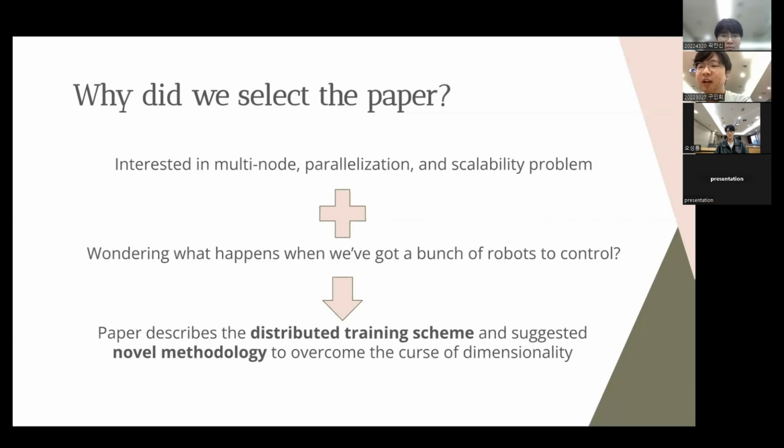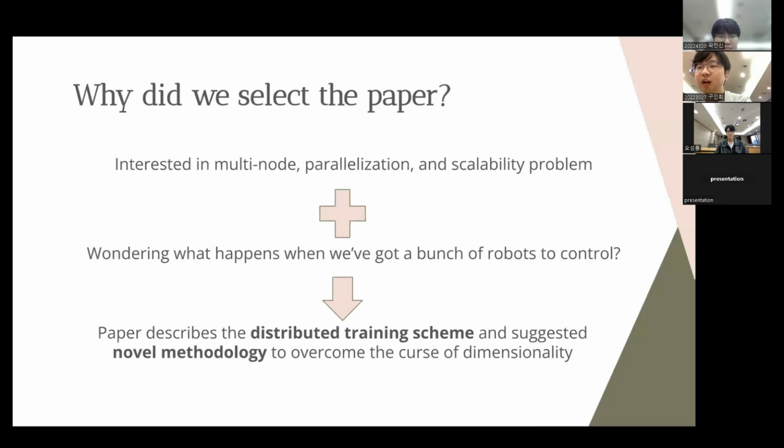It was great, but it also got us wondering what happens when we have a bunch of robots to control in the environment. So we searched for papers that treat multi-agent problems. Finally, among the MARL papers, we selected this paper, DARLING, because it describes an efficient distributed training scheme and suggests a novel methodology to overcome the curse of dimensionality in multi-agent problems.